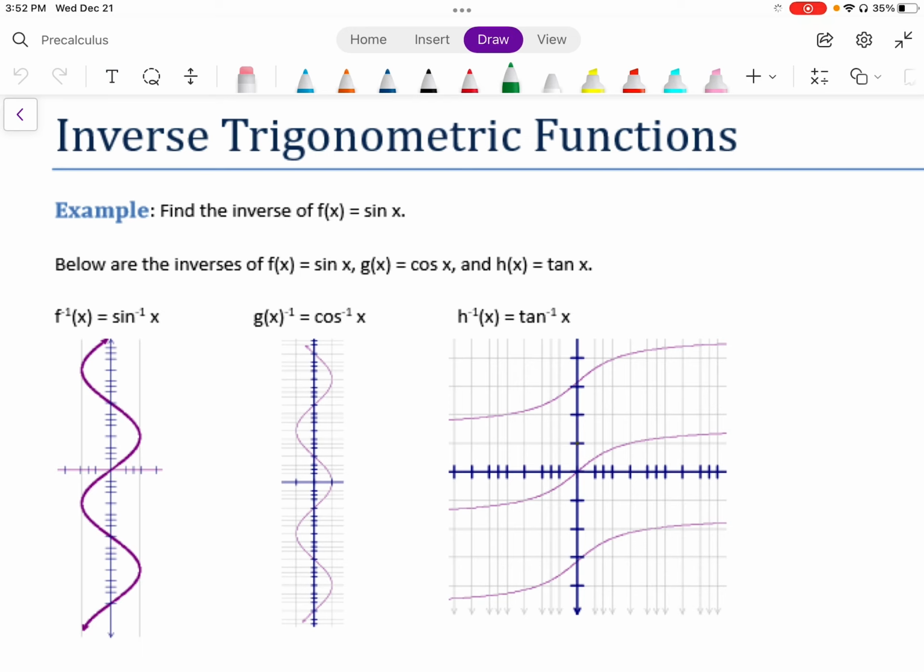And so we're going to write it as y equals sine of x. And we remember to find the inverse, what we do is we switch x and y. So x equals sine of y, and then we solve for y. Well, how do we get y by itself? We have to take the inverse sine of both sides.